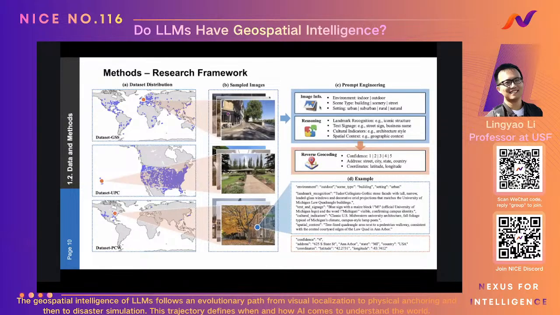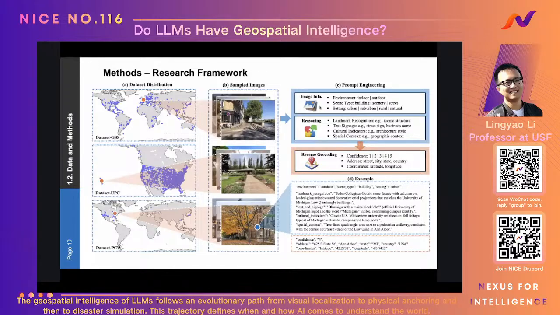I think one possible explanation is that for latitude prediction, the large language model can generally capture the environmental cues. For example, in the higher latitudes, like the north part of the United States, the tree types in the north and the south could be quite different. Palm trees generally appear in the south, but they do not appear in the north part of the United States.